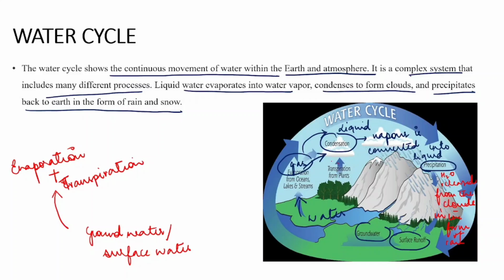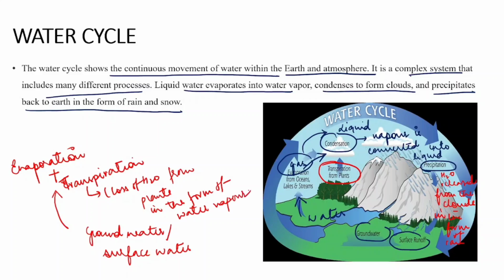You see, this is transpiration from plants, right? So what is transpiration? Loss of water from plants in the form of water vapor. Clear?